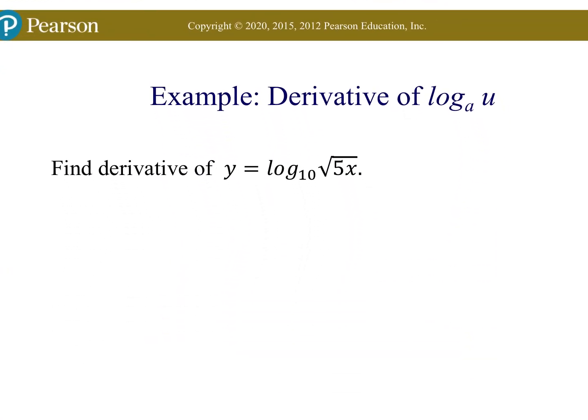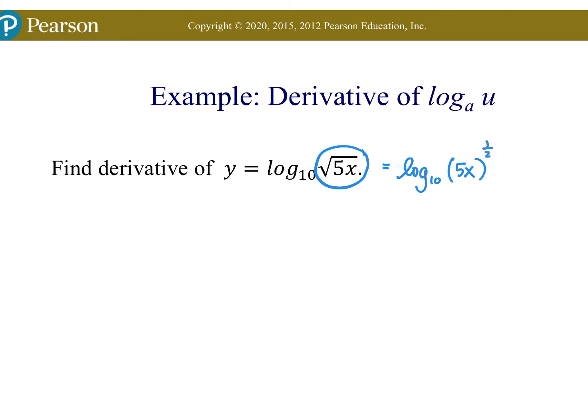Let's keep going. We're going to use those same properties to simplify this before we do our derivative. Let me remind you that the square root of 5x can be written using parentheses. So this could be written as the log base 10 with parentheses around the 5x, raised to the 1/2.